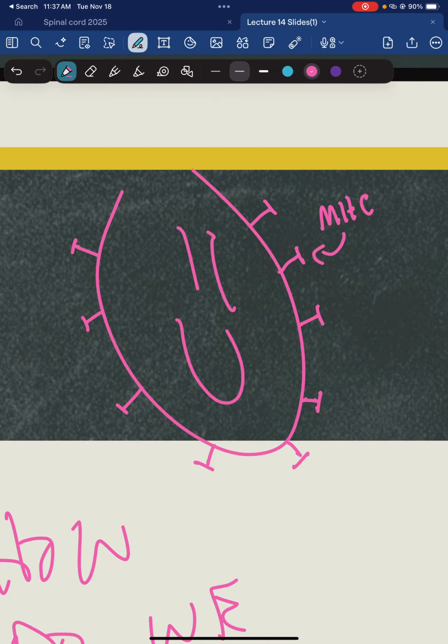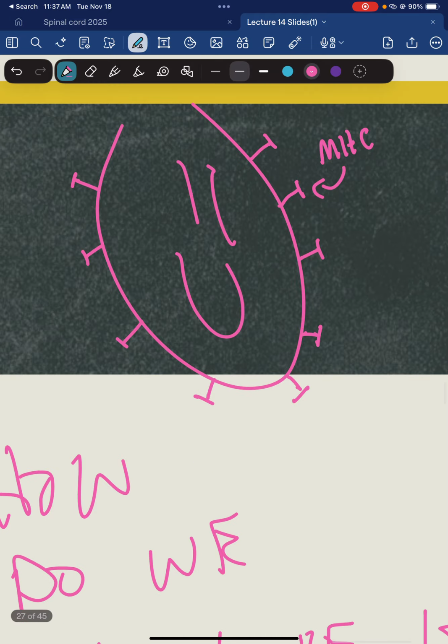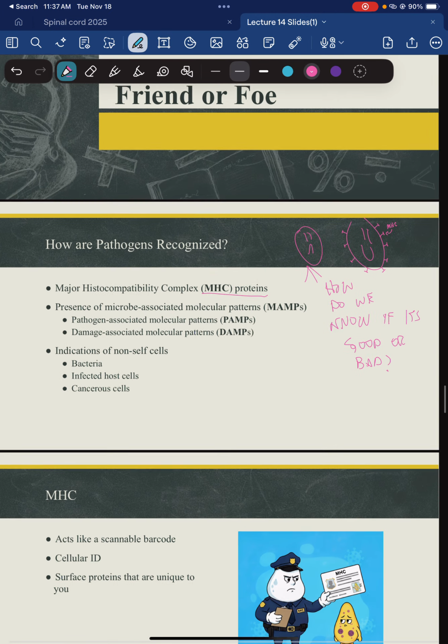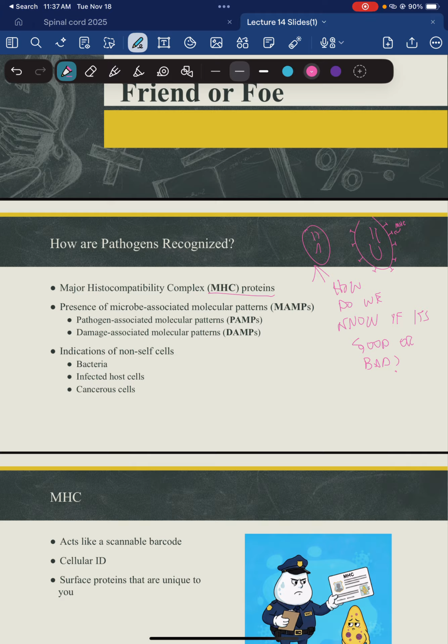Your MHC is completely unique to you unless you have an identical twin. Right? The only person who has the same exact MHC as you would be your identical twin. Other people can have very similar ones, but the chances of you having the same MHC as anyone else in this state or even in this country is quite low. They're very, very unique.